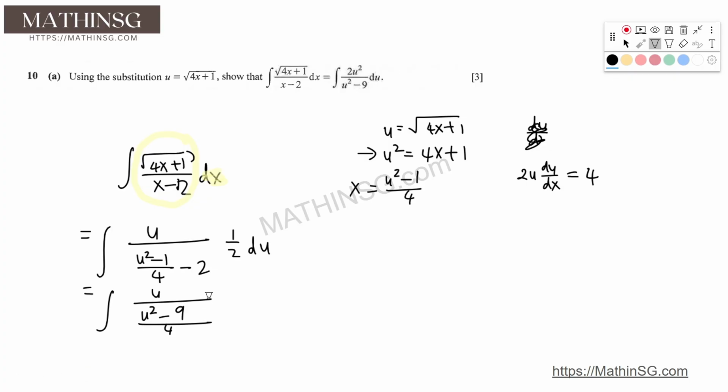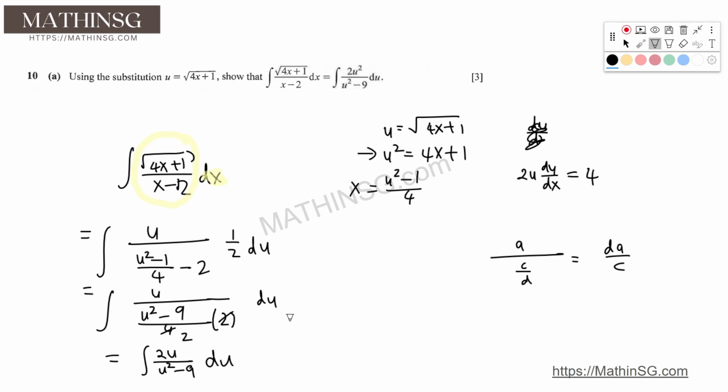Then when you have a over c over d, it is equal to a d over c, right? So I'm going to bring this 2 on top. So it becomes 2u over u squared minus 9 du. And this is what we need to show. So shown.